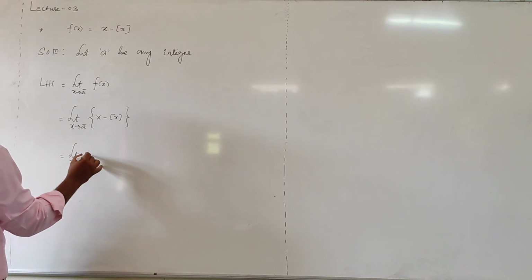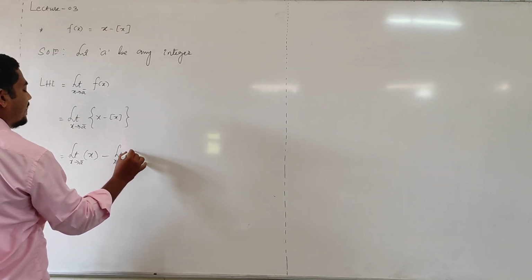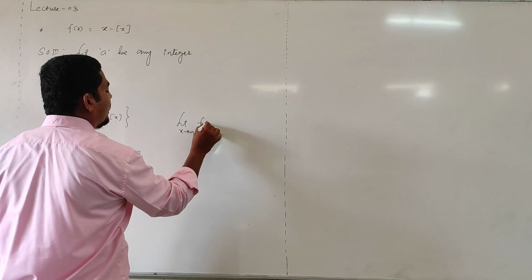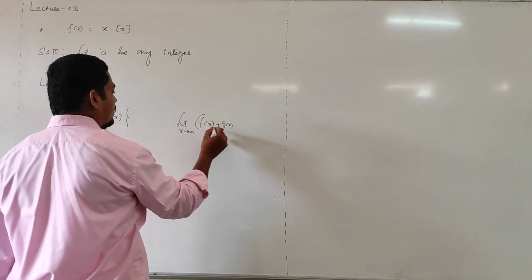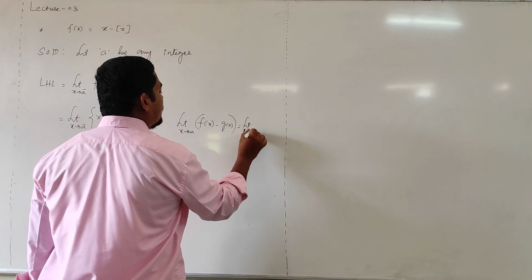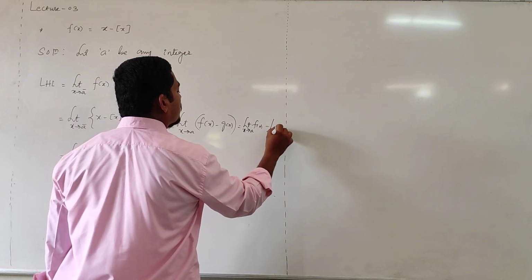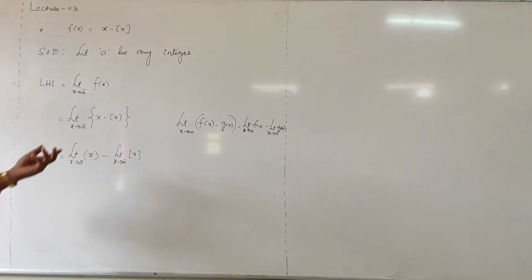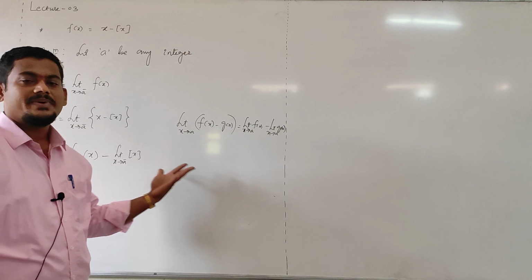Limit as x tends to a minus of x minus limit as x tends to a minus of [x], because the limit of f of x plus or minus g of x is equal to the limit of the first function plus or minus the limit of the second function. It is like f of x minus g of x.